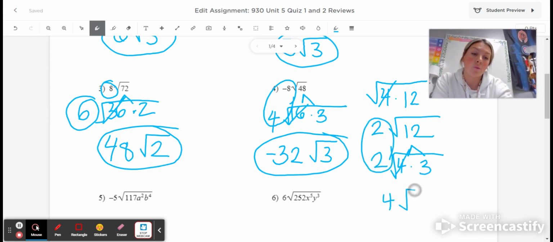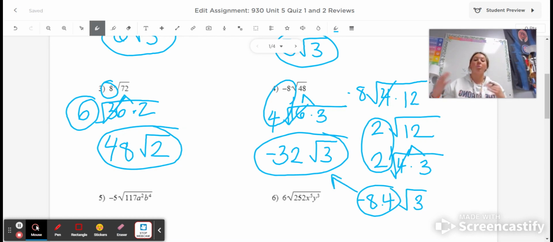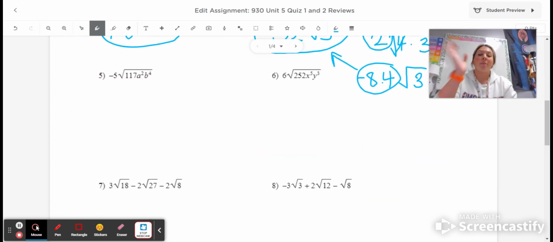So I still have 4 square root 3. And I started with a negative 8. And negative 8 times 4 still gives me negative 32 root 3. So you will get to the same place, but you have to make sure you keep going. If you end up with a 12 underneath, if you end up with an 8 underneath, you have to keep simplifying it.